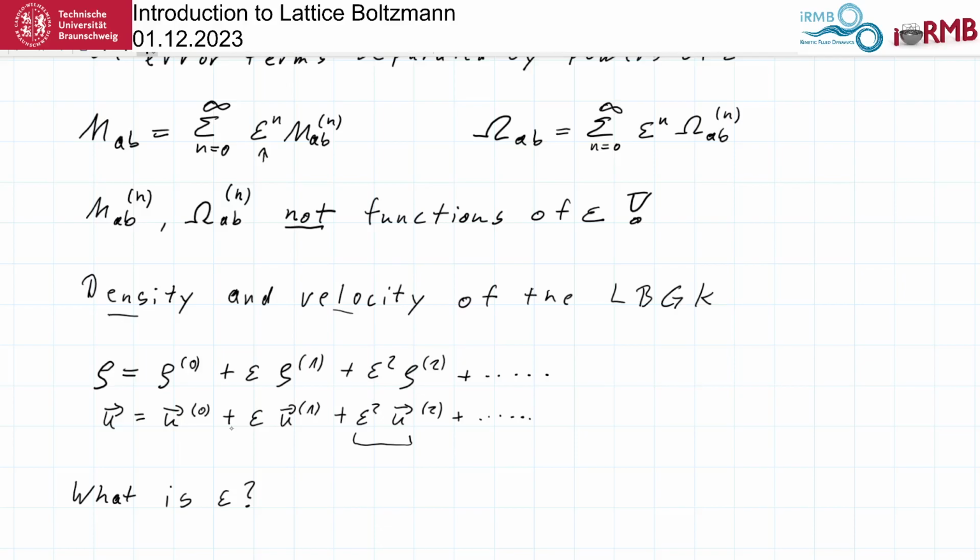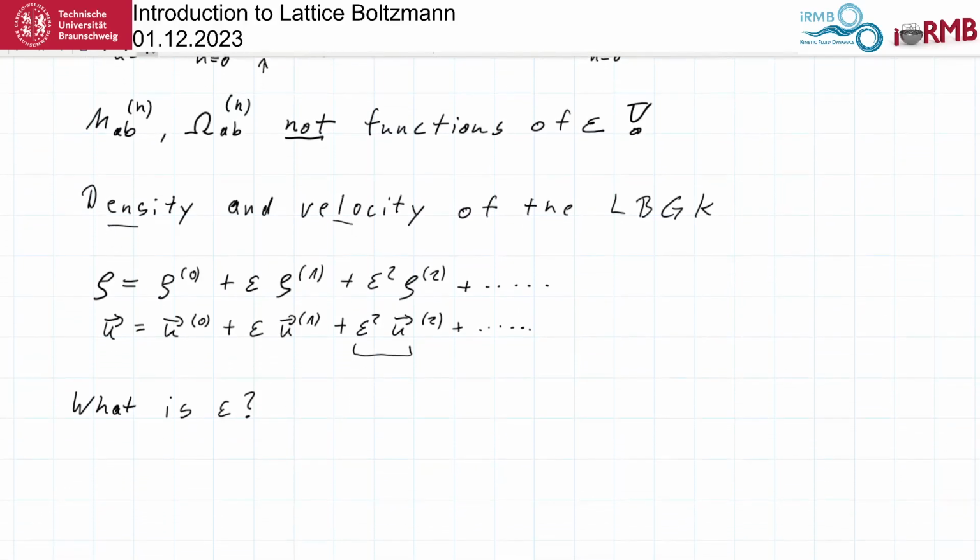But what is the smallness parameter in a partial differential equation? Problem is, we have discretization in space and we have discretization in time. So we have to make a decision, and this decision is not unique. And actually, there's controversy about this. Yeah. So, what's the problem?